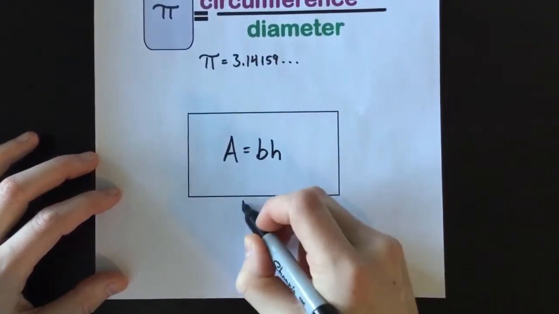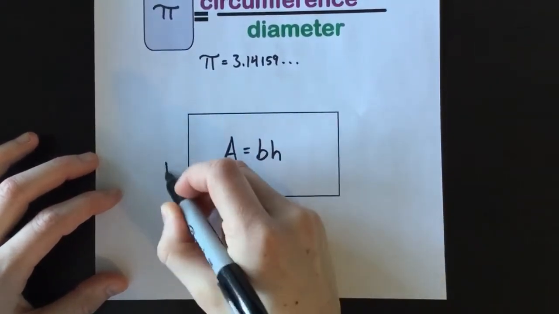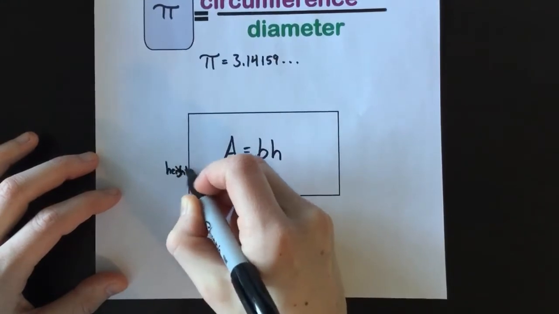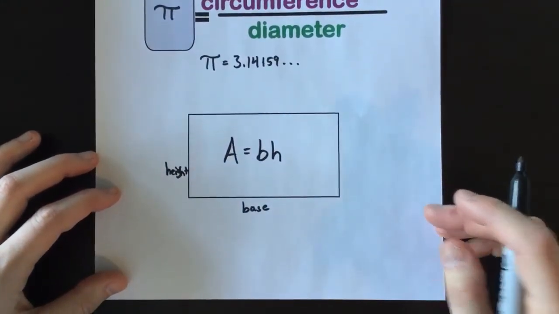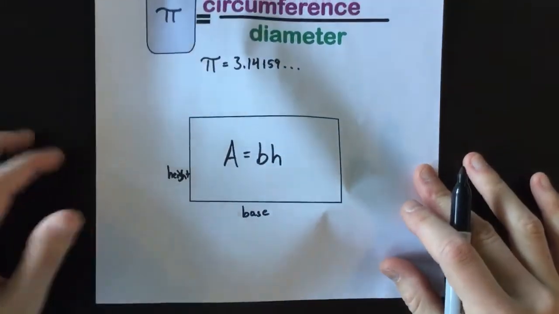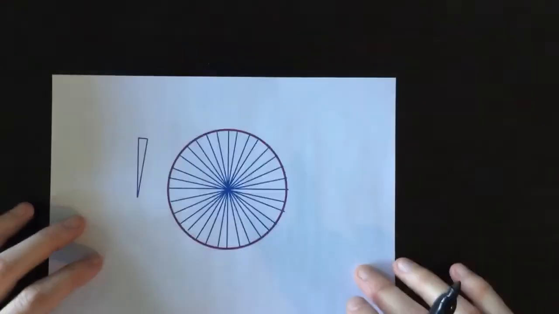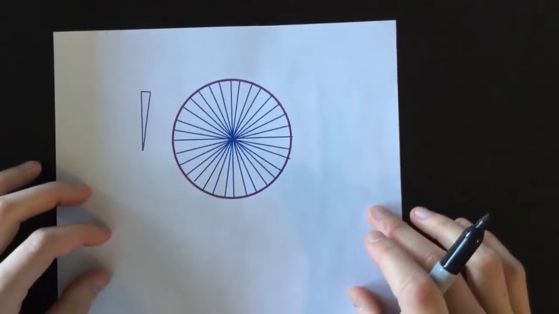Okay? So we've got our base down here, our height over here. Okay, and that works really nice for our parallelograms. And mathematicians knew that. But unfortunately, that doesn't work too well for a circle.